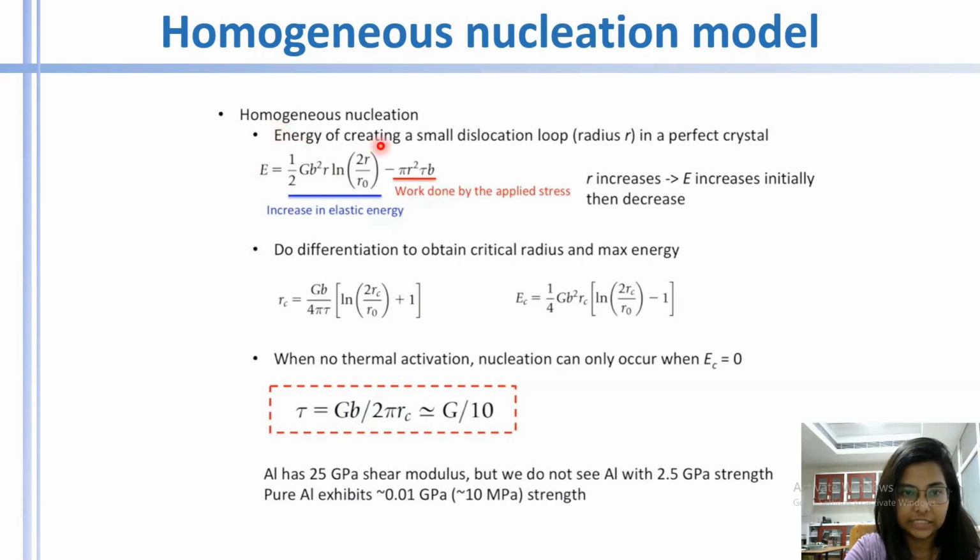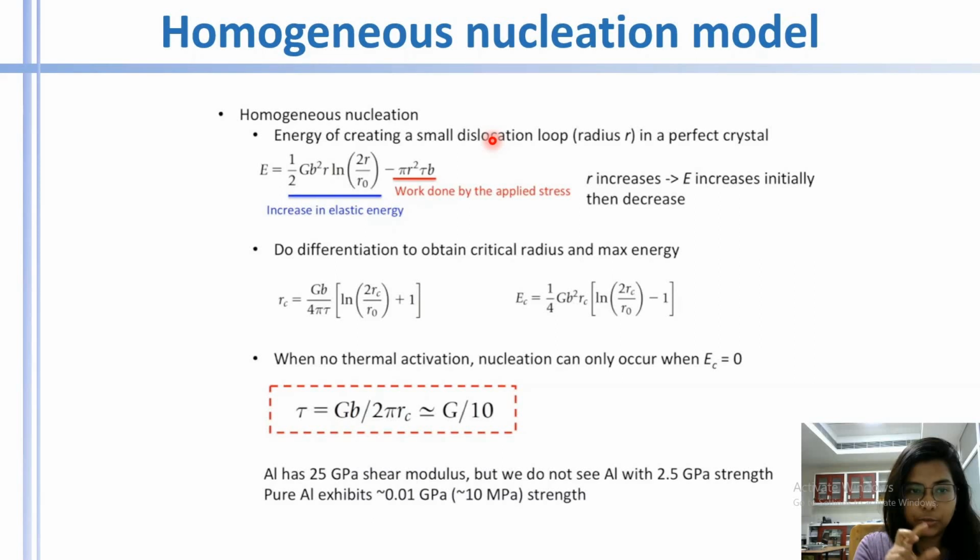Then the energy of creating a small dislocation loop of a certain radius r in a perfect crystal is given by this equation. So this is the energy of creating a small dislocation loop in a perfect crystal.